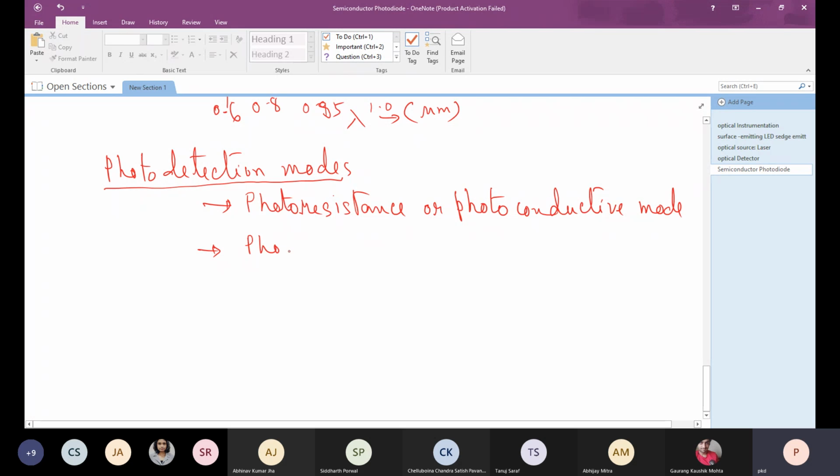Then photodiodes, then we have phototransistor and avalanche photodiode.